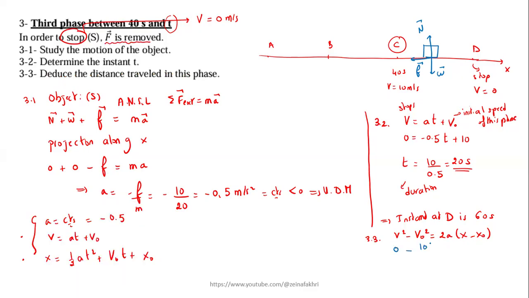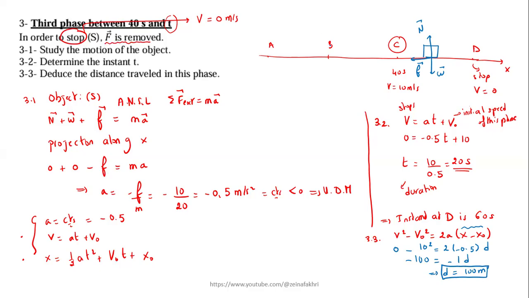This is the initial, which is 10 squared. The acceleration we already got is negative 0.5. And here we have to find the distance traveled. So we get negative 100 equals negative 1d, and this means that the distance traveled is 100 meters.